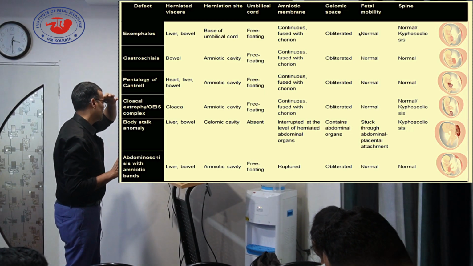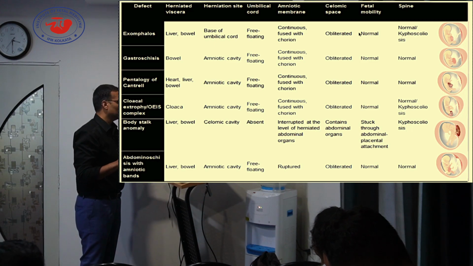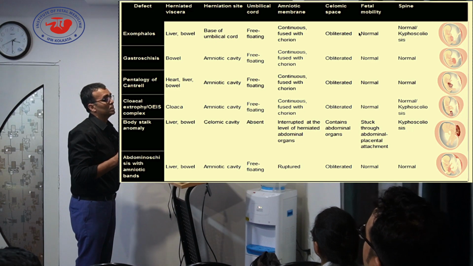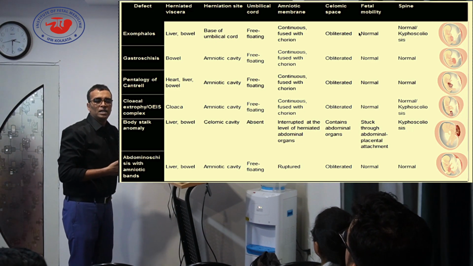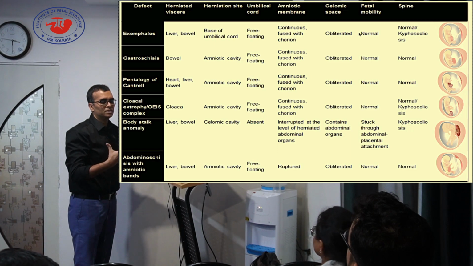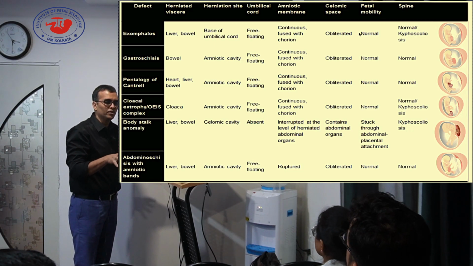So in this case, we got a large anterior abdominal wall defect, which was a little bit inferior. If you look at the site of the herniation, it was just inferior to the cord insertion. Cord was abdominally inserted, but it was a little bit antero-inferior.